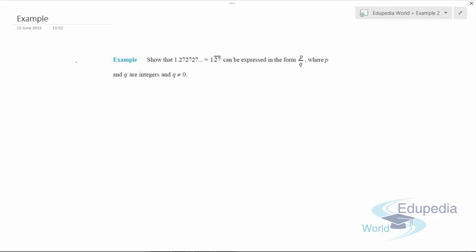Now the second example is, we have to show that this can be expressed in the form of p by q. Now we have the number 1.27 bar. We can clearly see that the bar is over two numbers, which gives us a hint that we have to multiply the number with 100.